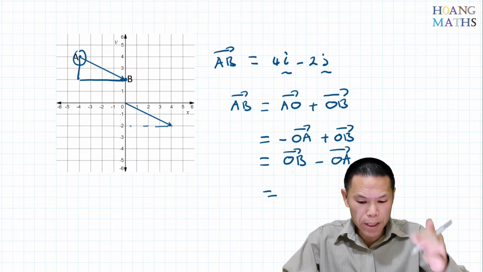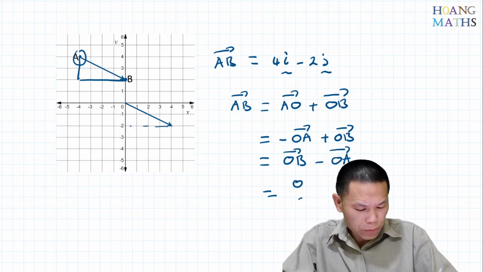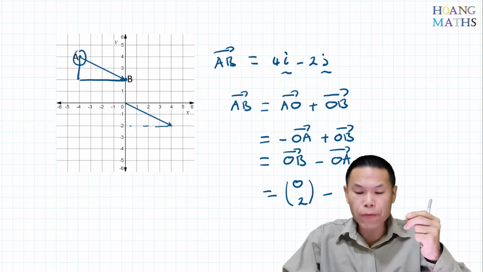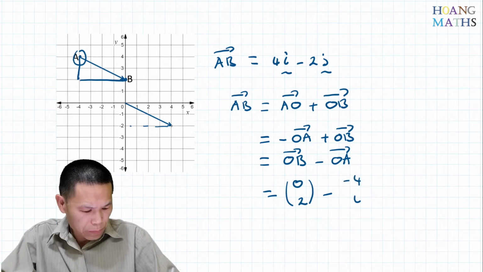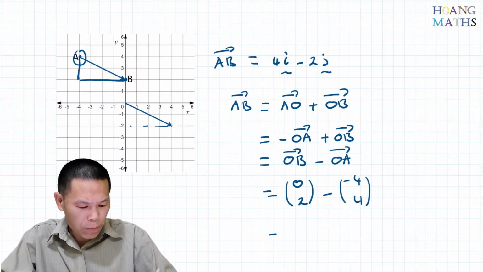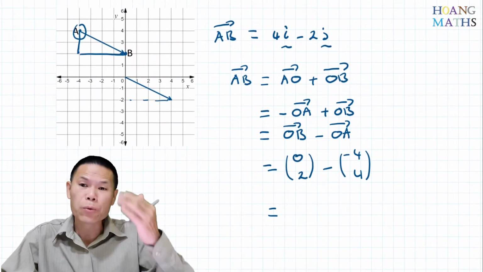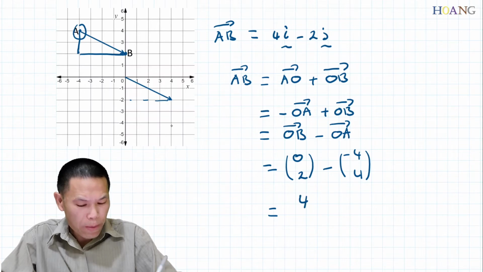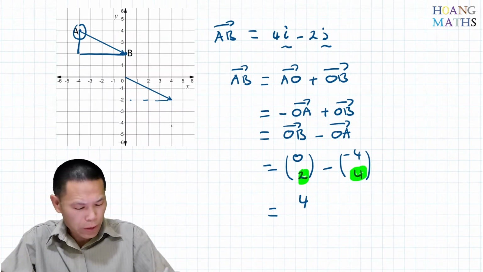We know OB is (0, 2) and minus OA is (negative 4, 4). So if we add the two vectors, the x coordinates, 0 minus negative 4, give me 4. And then we have 2 minus 4, which will give me negative 2.